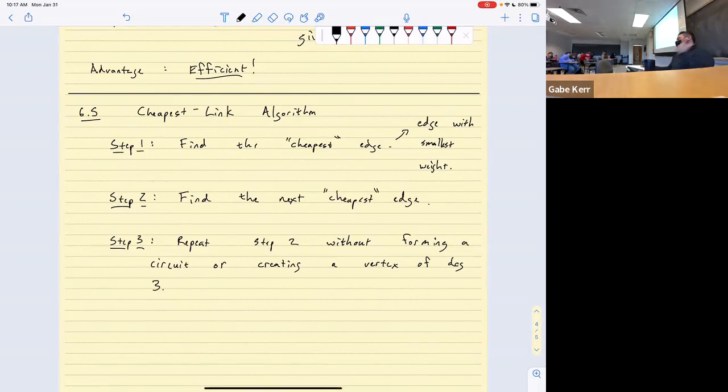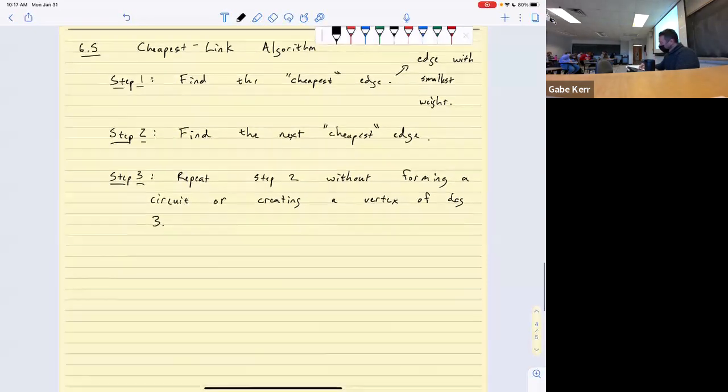In other words, when I say creating a vertex of degree 3, I mean on this new graph that you're creating.